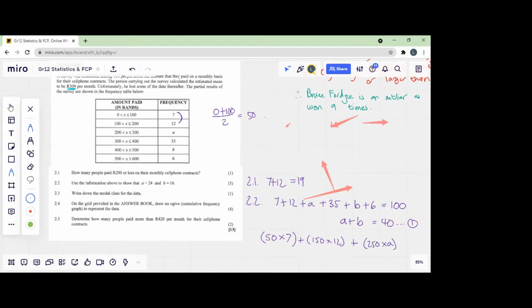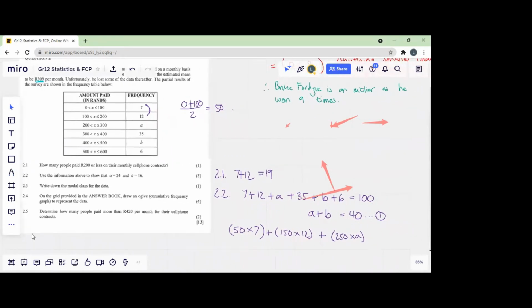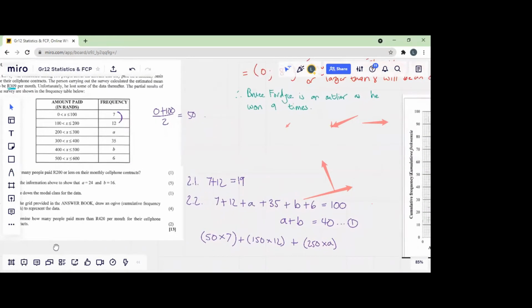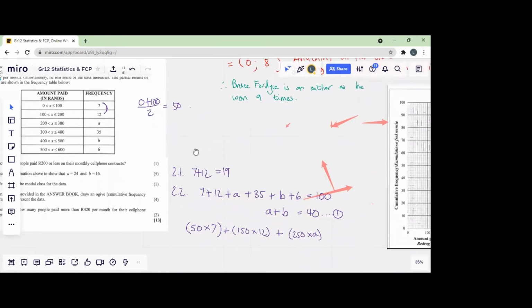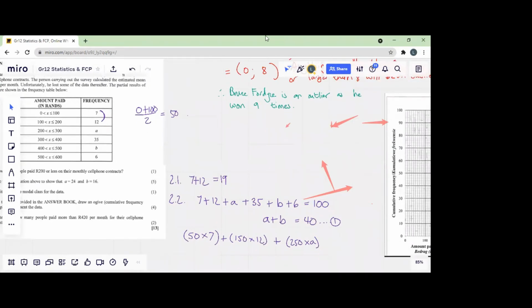Okay, we're going to keep going. I'm going to have to move this over a little bit. Let's carry on going. So the midpoint of the next group would be, so between 300 and 400. So that would be 350 multiplied by 35. This is a really long matrix. I hope you've got lots of space.